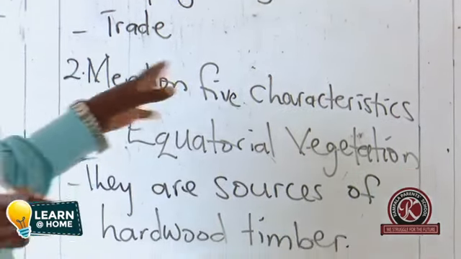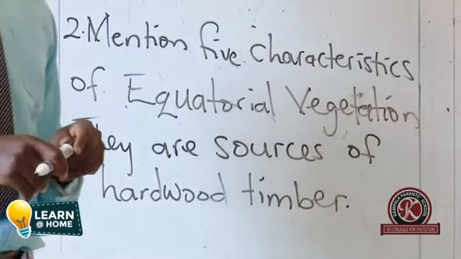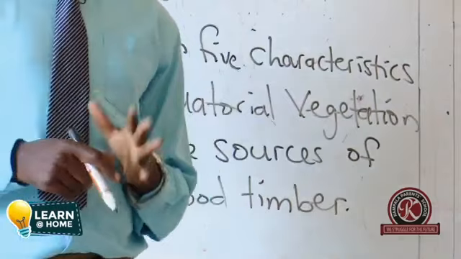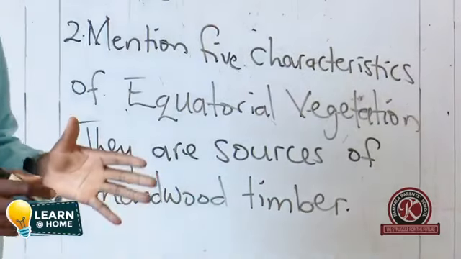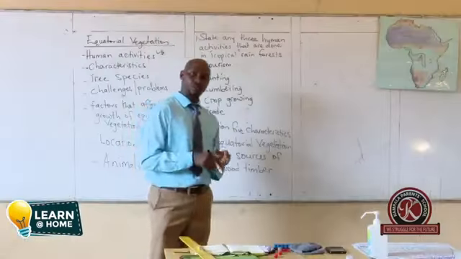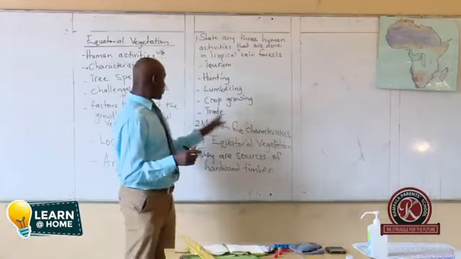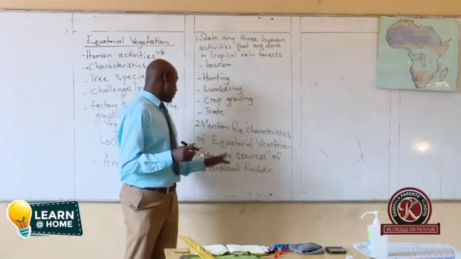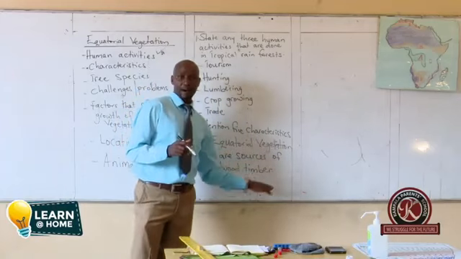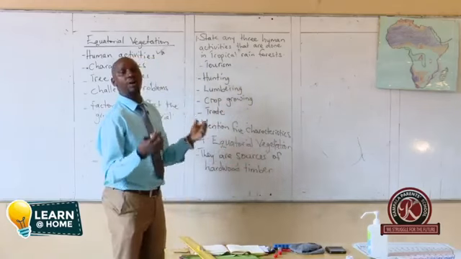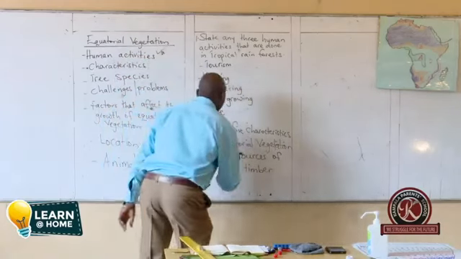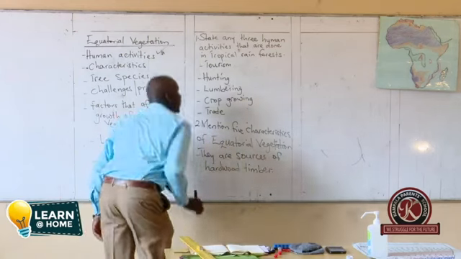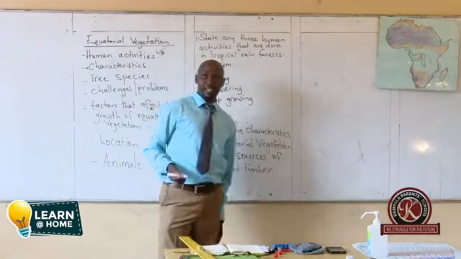When we were beginning our lesson, we looked at some vegetation zones like Mediterranean, which grow in areas of low temperature. They are sources of softwood timber. But now, for equatorial, since it grows in areas of high temperature, they are sources of hardwood timber. And since they also take long to mature, that makes them have hardwood timber. That's the first one.